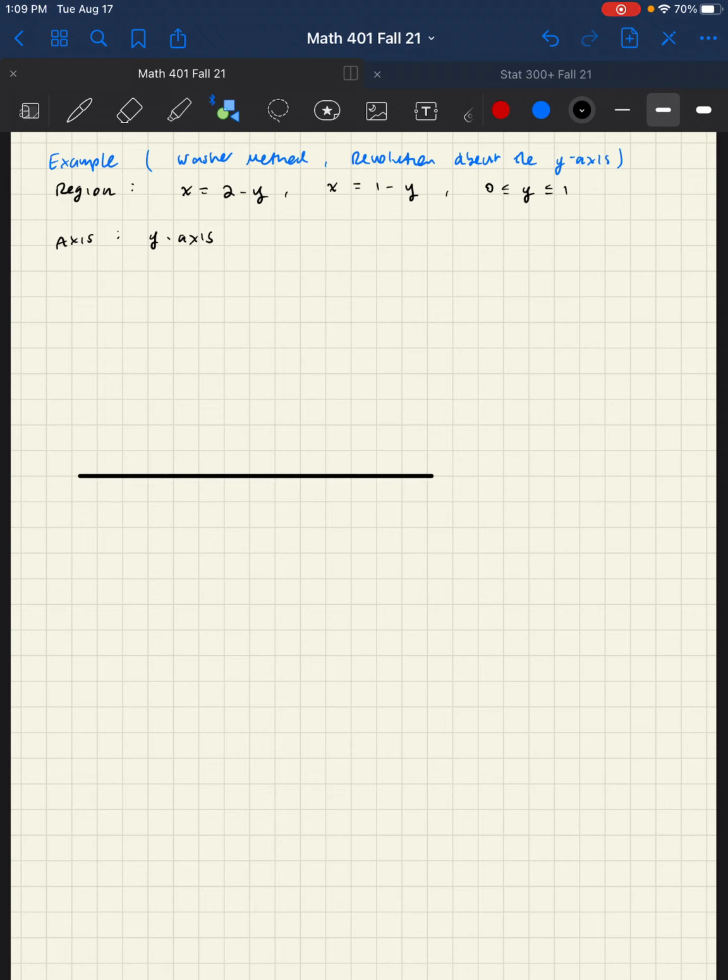All right, so another picture. Here I have two lines. Both of them have a negative slope. One crosses the x-axis at 2. The other one crosses the x-axis at 1. So it should look like this.